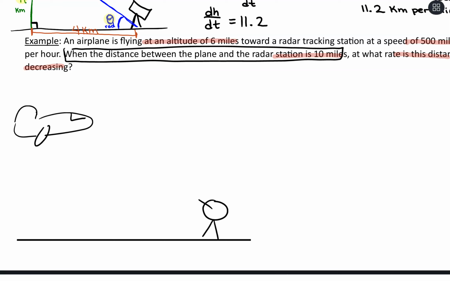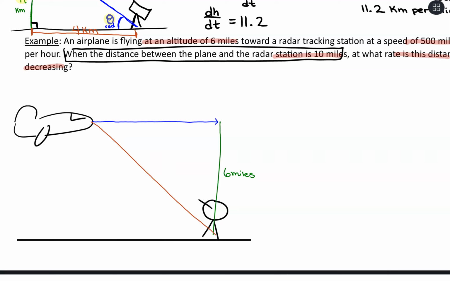So let's go with this altitude is 6 miles, and that is stuck. It's staying at 6 miles there. And the plane is flying towards the radar, that rate of change. Ooh, let's hold off there. And then we're talking about the distance between the plane and the radar station.